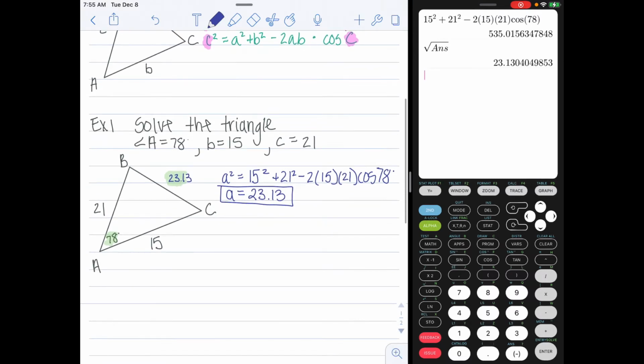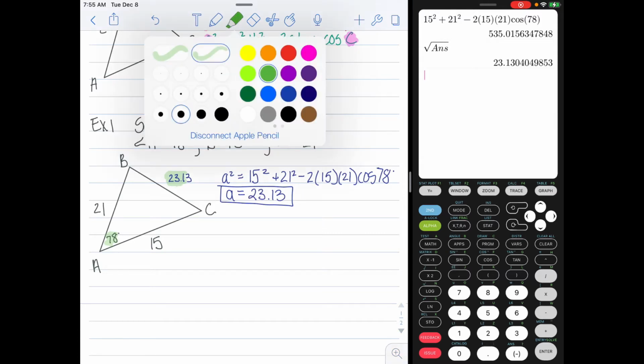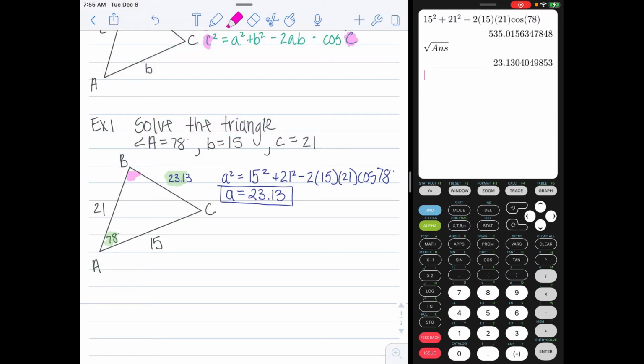Now let's go alphabetical, B. All right, so B, I don't know the angle. I do know its side. So wait a minute, but I already know now an angle with its corresponding side, all of A's information. So technically, can't I use law of sine now to figure the angle B out?